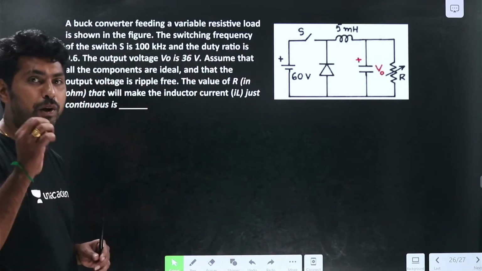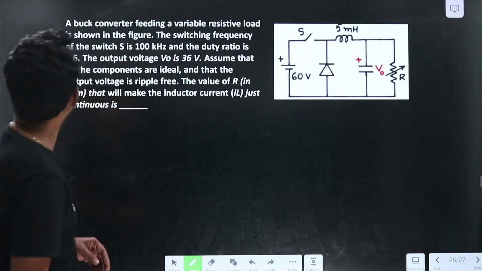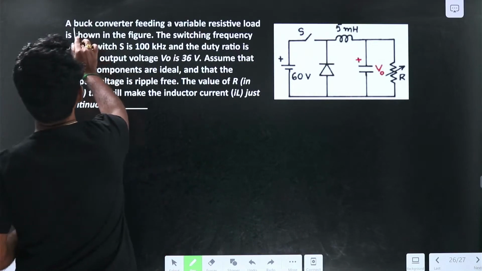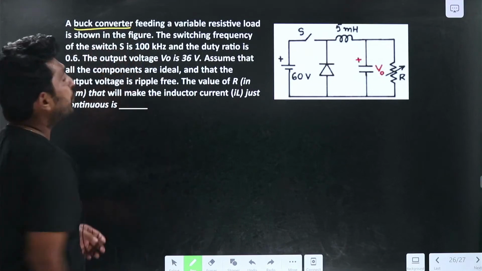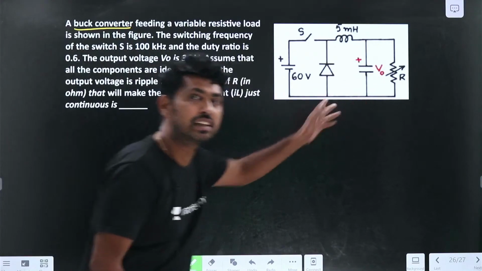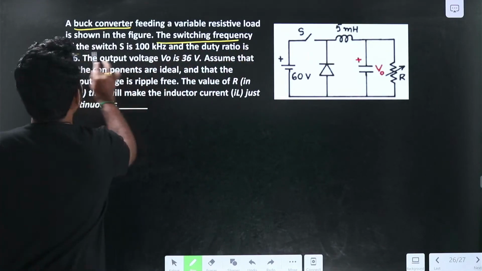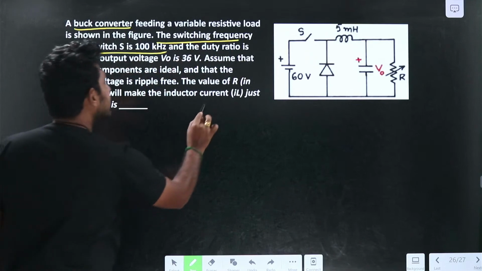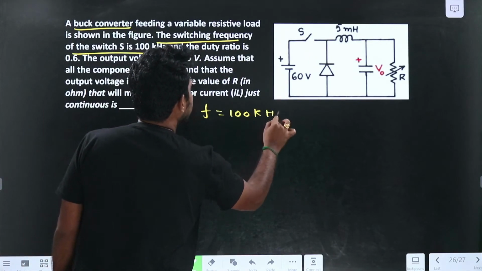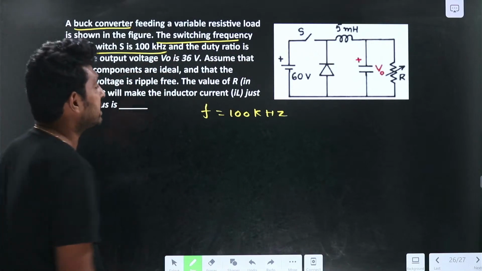Let me explain the problem. It was given as a buck converter in the problem itself, feeding a variable resistive load. The switching frequency is given as 100 kHz, and the duty ratio is given as 0.6.